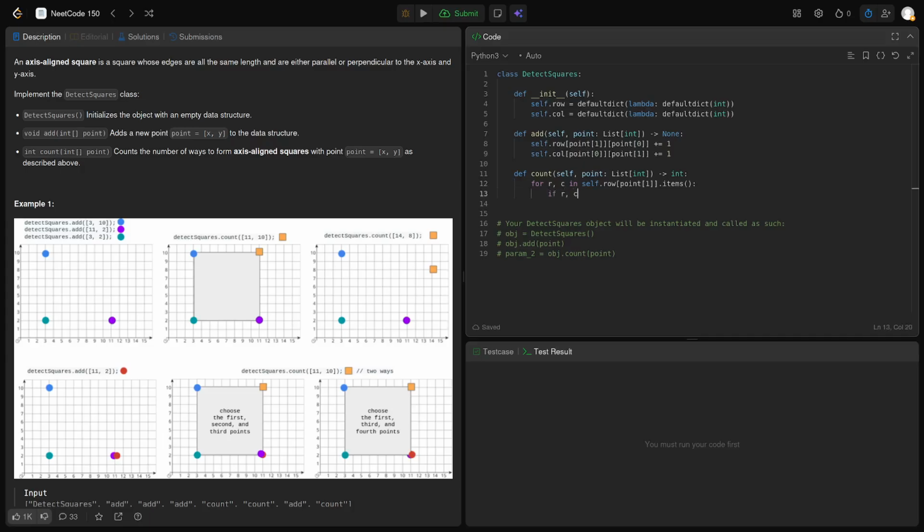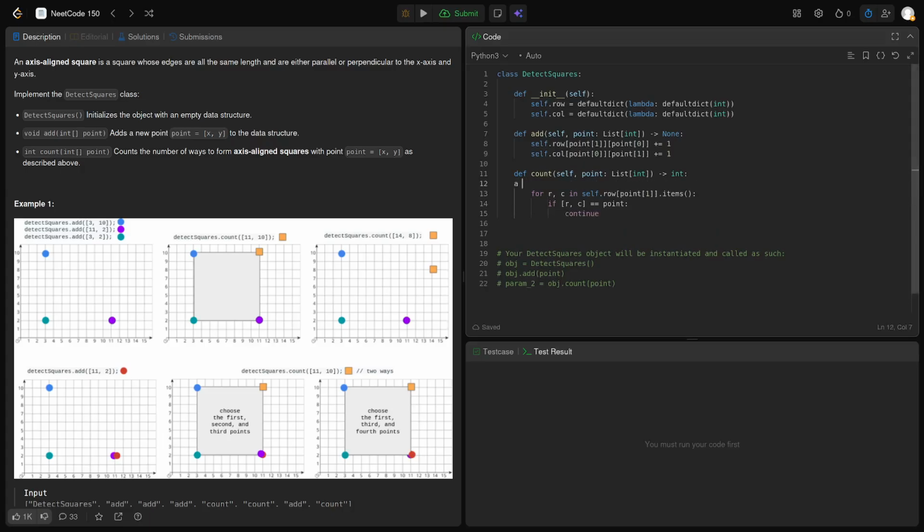If RC. So then the difference is the point's ups, so that's its column.